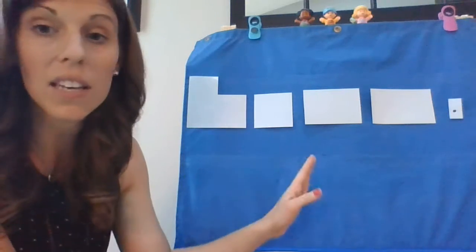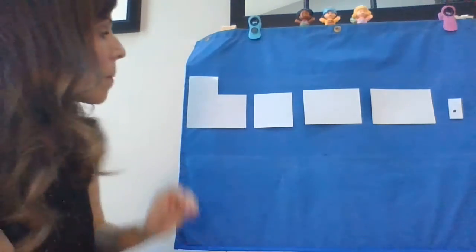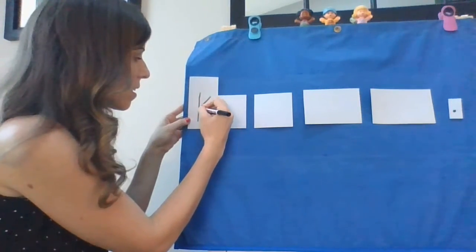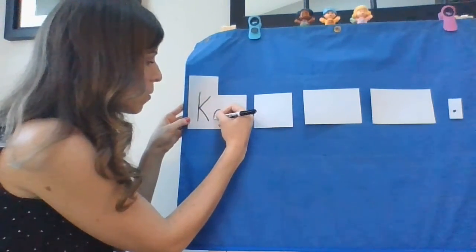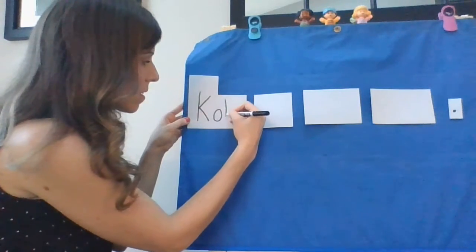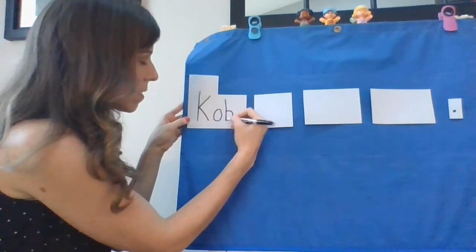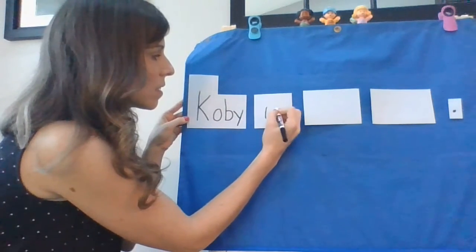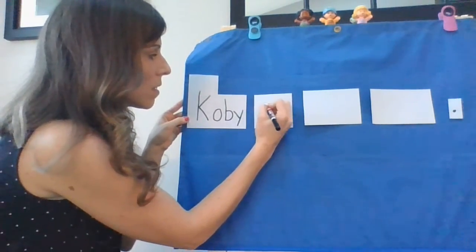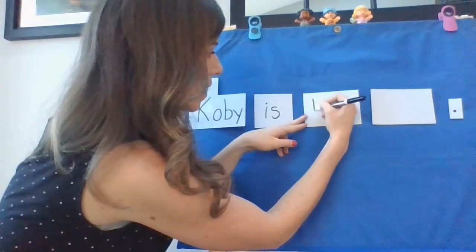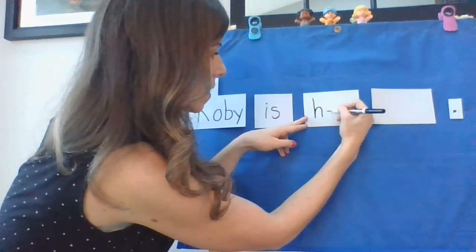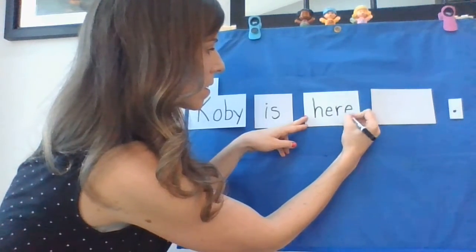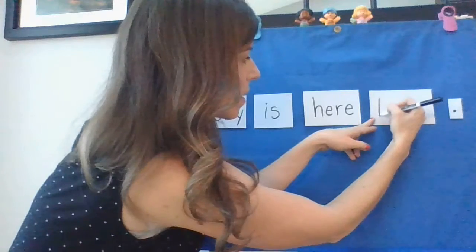So today, the sentence that I'm going to be writing and that we'll read together is, Kobe is here today. So I'm going to start Kobe's name with that capital K. Kobe is here today.